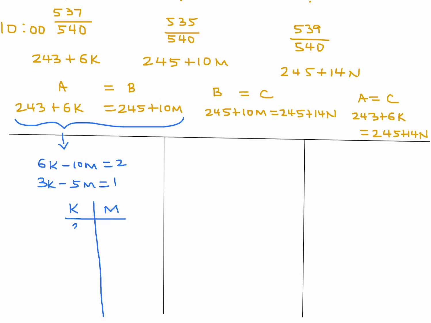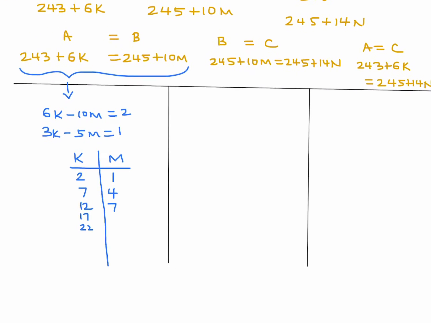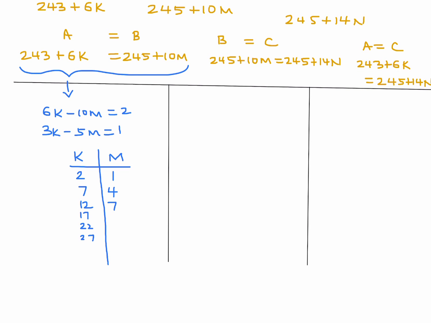So start plugging away, and 2 and 1, that will work. 7 and 4, 12, and 7, and so on. You can pretty much get a very quick pattern. It looks like it goes up by 5, so 17, 22, 27, 32, 37, 42, 47.